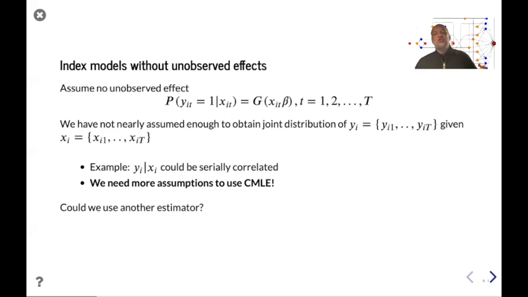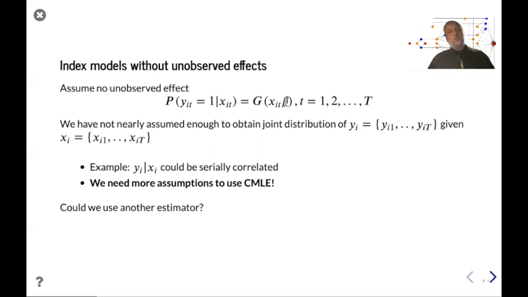So how far do we get with this index restriction, assuming that the response probability conditional on xit is g of xit beta? This looks very much like our model for, say, the probit or the logit model that we looked at last time in the cross-sectional case. Now it's just another index. How far did we get with that?